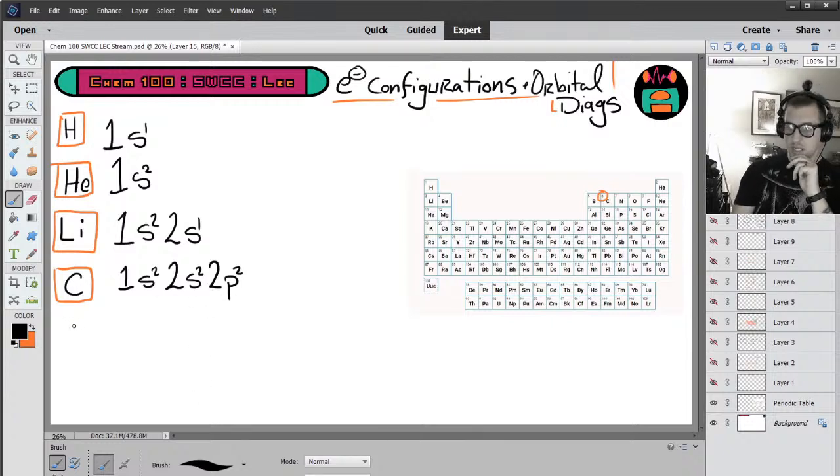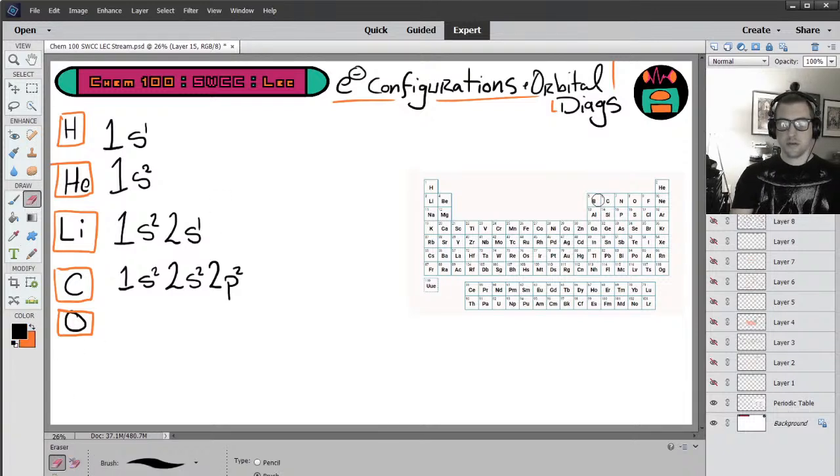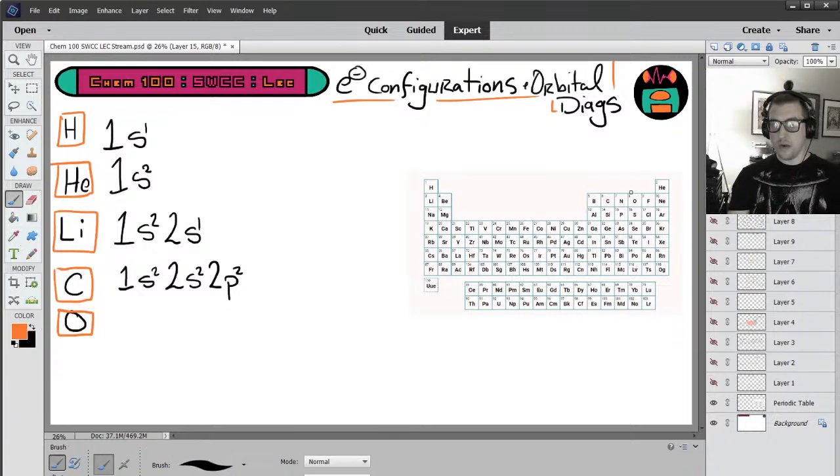Let's look at oxygen. Oxygen has 8 electrons, right? We have 8 electrons in play right now.